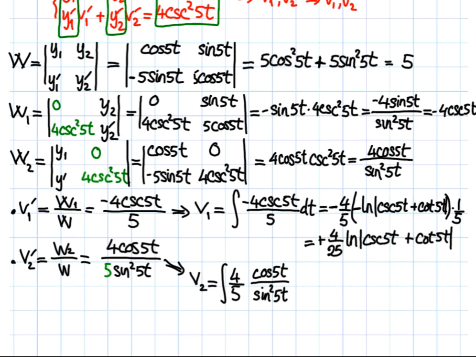For this one, instead of writing cosine 5t and sine square 5t, we can scramble a little bit, and we will write it as cosine 5t over sine of 5t and then 1 over sine of 5t. The reason we write like that, so this actually turned out to be 4/5. Cosine over sine is cotangent, and 1 over sine is cosecant.